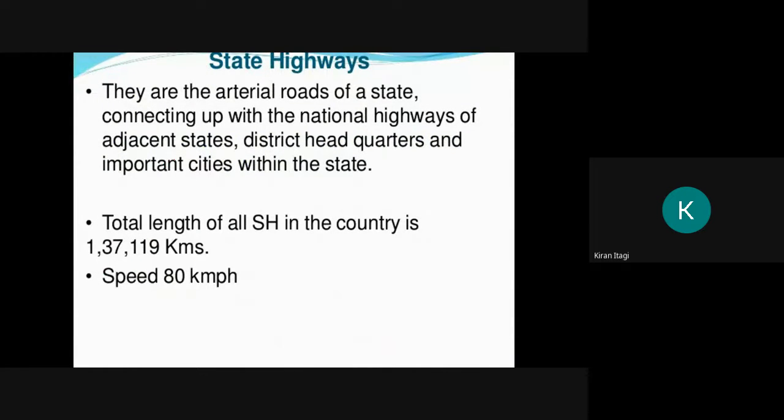State highway. The total length is very difficult to remember, so don't go for that one. Another thing: for the national highway, the design speed will be 100 kilometer per hour. Remember, these are all things I have already explained before. For the state highway, it is 80 kilometer per hour.